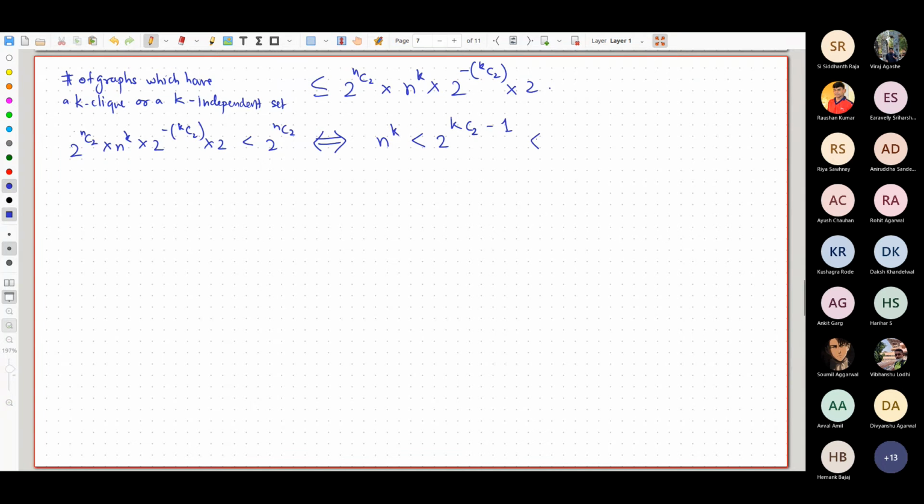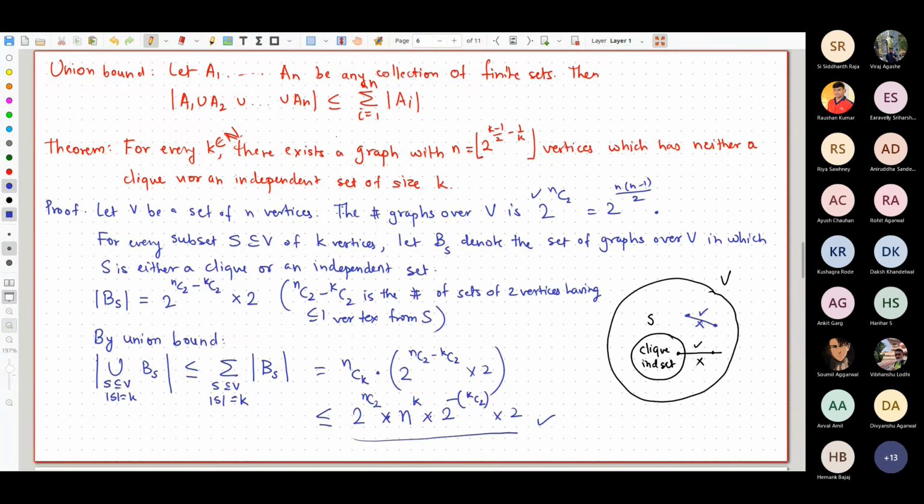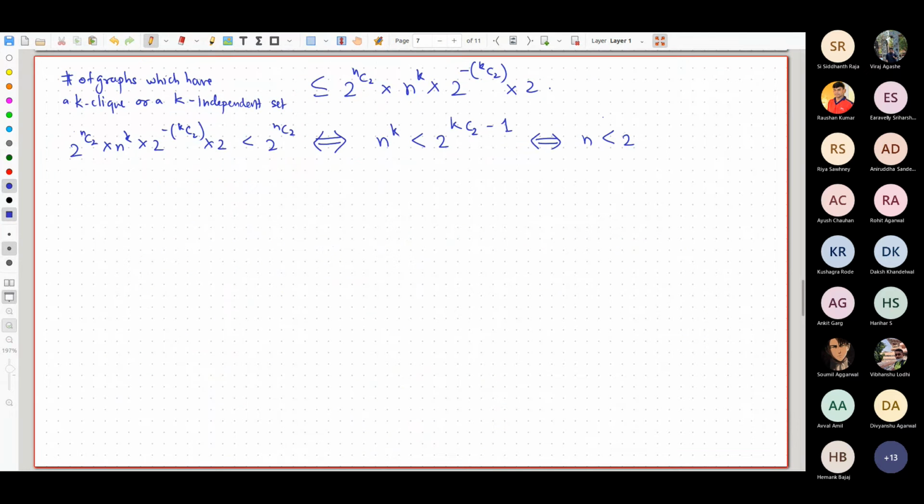So this happens if and only if, taking the kth root of both sides, n is strictly less than 2 to the power... maybe I should have added a minus 1 over here. Okay, let's see. 2 to the power k choose 2. If I take the kth root of this, I'll just get k minus 1 by 2 in the exponent, minus 1 over k.